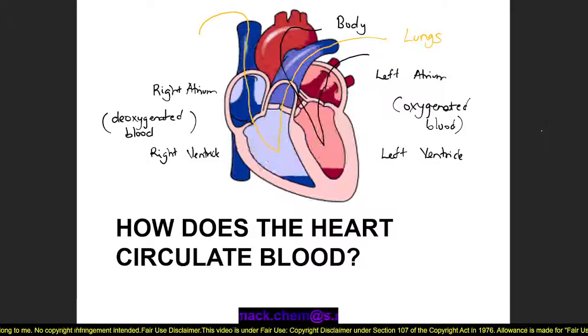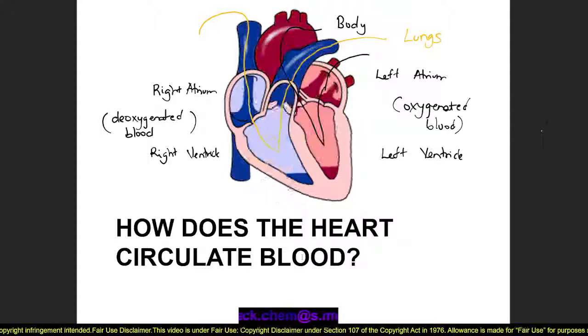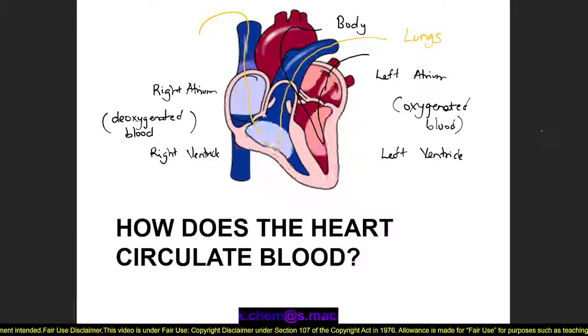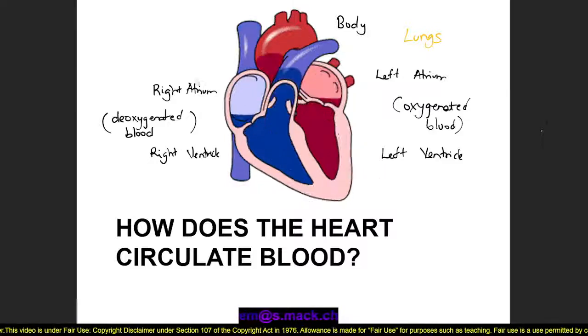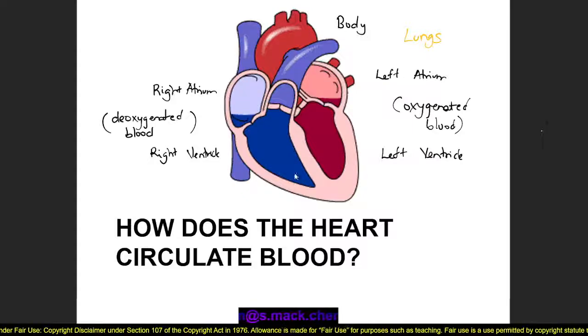But let's look at our diagram, and we're looking at when the chambers contract. Do we see that the two upper chambers, which are the atria, contract, and we see that the two lower chambers, which are the ventricles, contract?